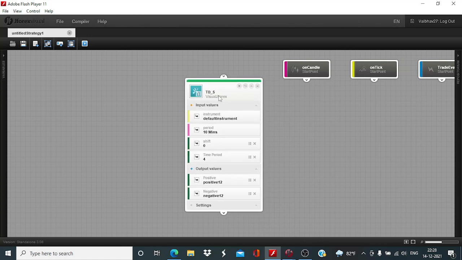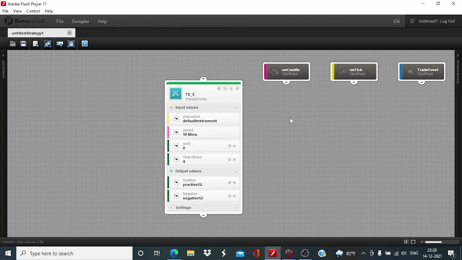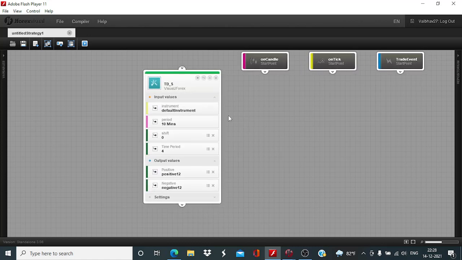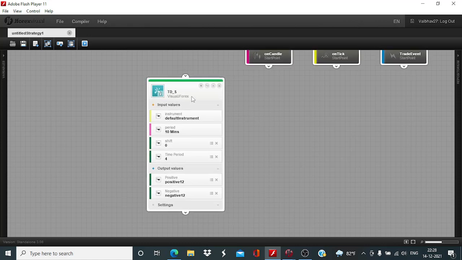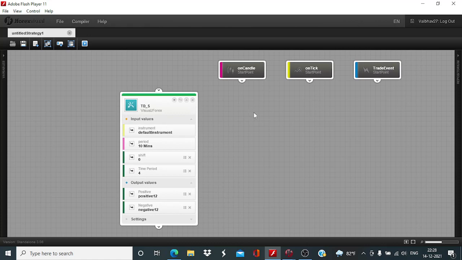and I had done an introductory session, I think almost a year back, in which we had seen how this particular indicator is formulated, how it is defined. So if you want to go into the details of the formula of the TDS, I would suggest you refer to that video.